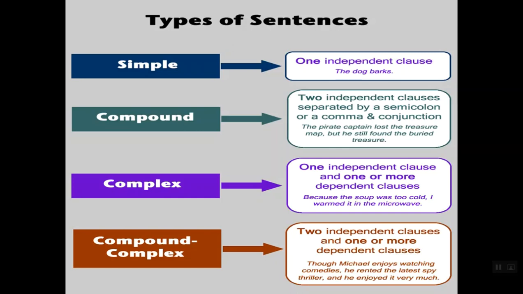We have another independent clause, which is he enjoyed it very much. They are connected with a comma and and. So we have two independent clauses and one dependent or subordinate clause. That's why we consider this sentence a compound complex sentence.